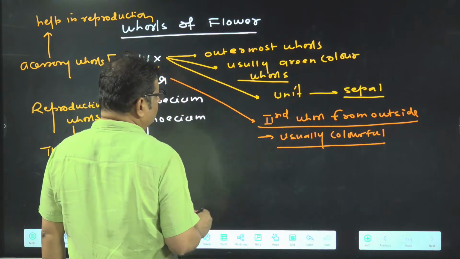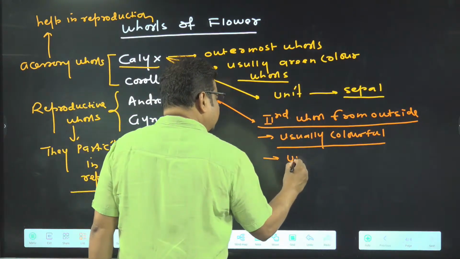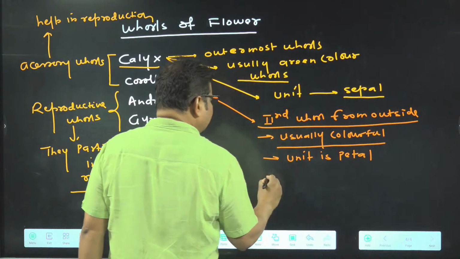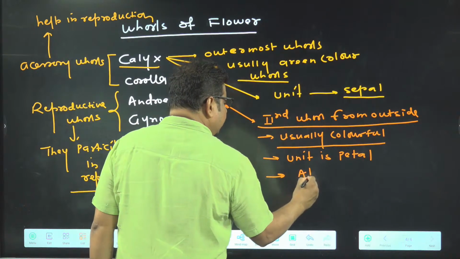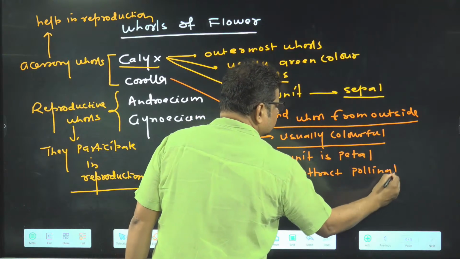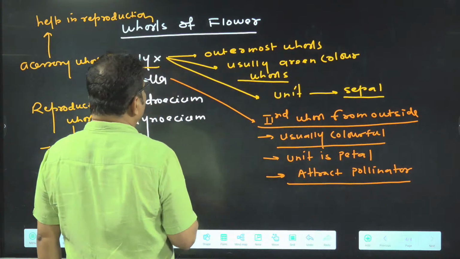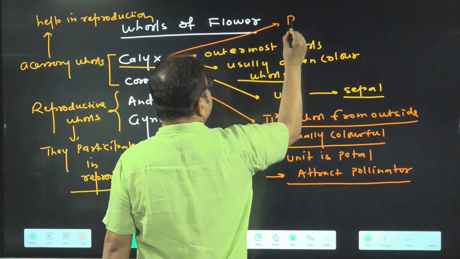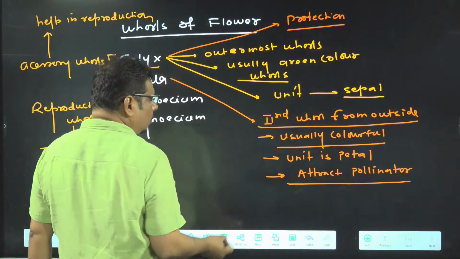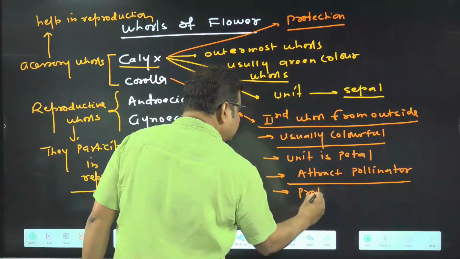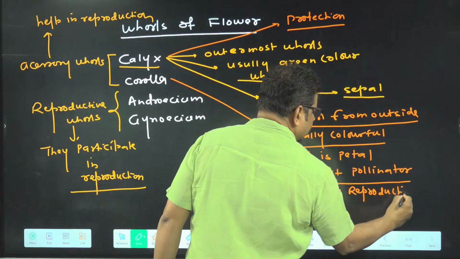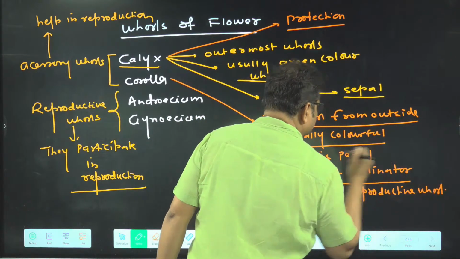Its unit is the petal. And if it is colorful, the duty of this whorl is mainly to attract pollinators. And the duty of the outermost whorl is protection. Corolla also performs protection; it protects the reproductive whorls. Getting the idea or not?